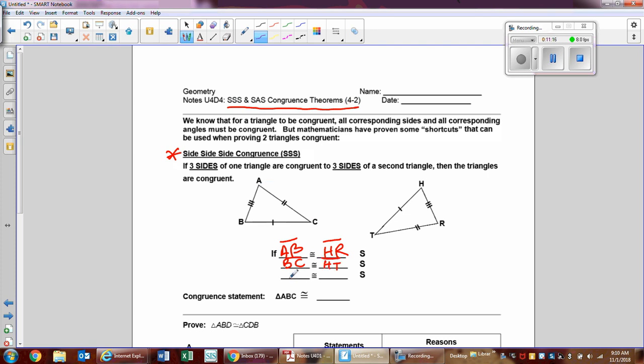And then AC is congruent to TR. Every time you say two sides are congruent, that is one side, this other side, so I have 3 sides congruent. Then I can say the statement, okay, triangle ABC is going to be congruent to triangle HR.